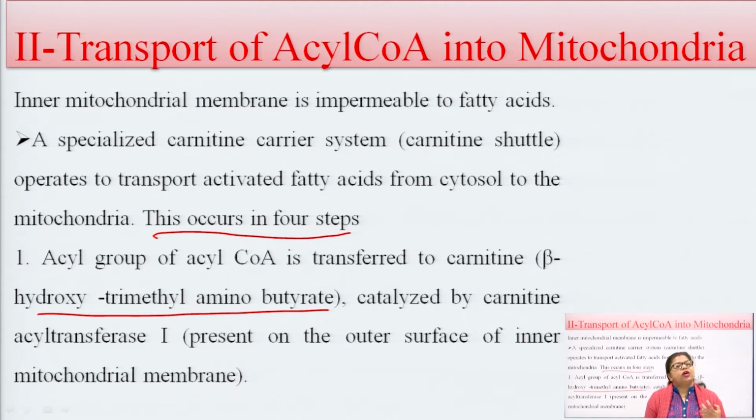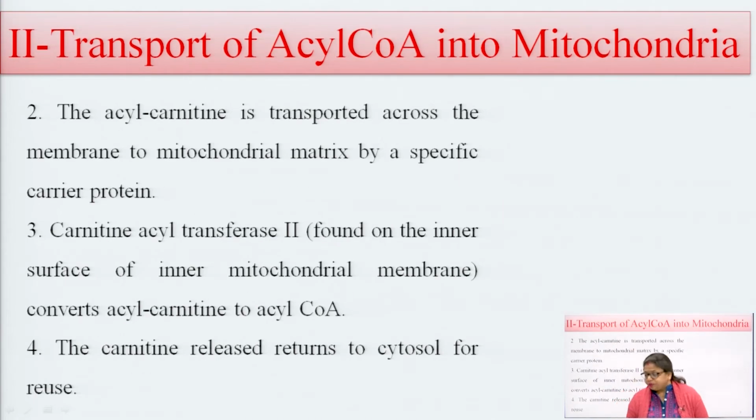So, the transport of acyl coenzyme A into mitochondria is basically dependent on carnitine. This carnitine carrier system is required for the transport of the acyl group of acyl coenzyme A from the cytosol to the inner mitochondrial matrix.